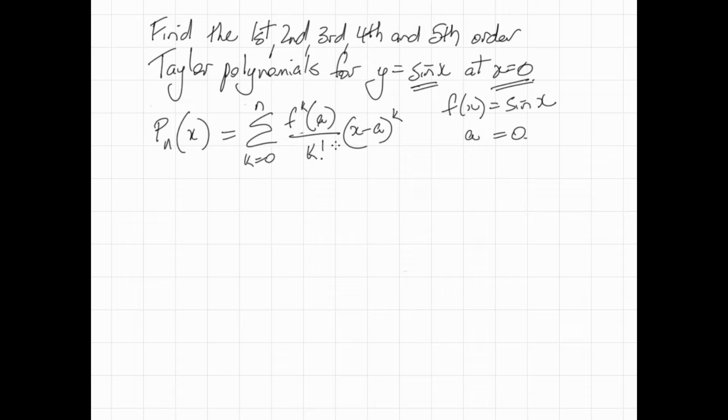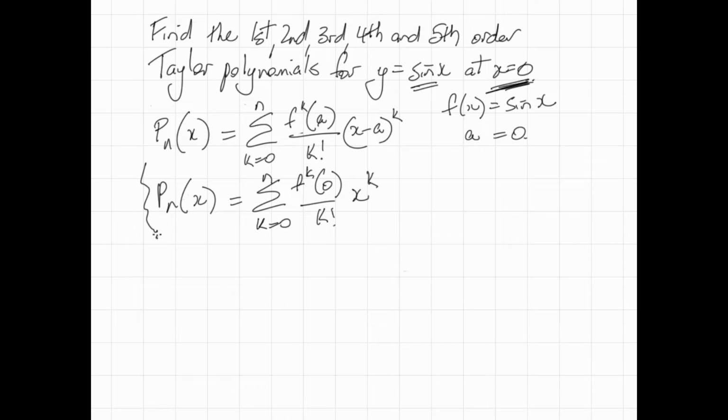So this can now be changed to Pn of x equals the sum from k equals 0 to n of f k of a, which is just f k of 0, over k factorial, times x minus 0, which is just x to the power of k. Because we're working around x equals 0, this is my Taylor polynomial, which is Maclaurin's series.